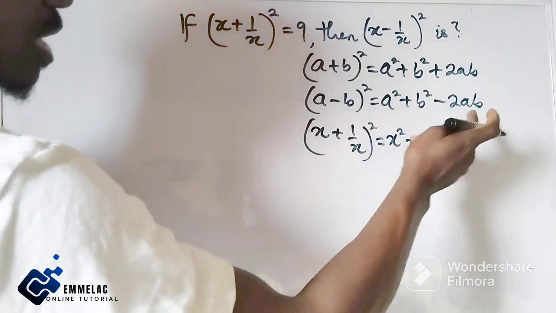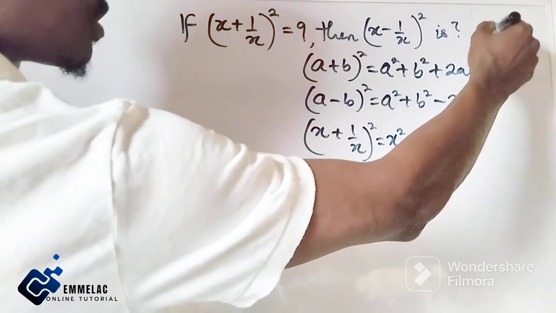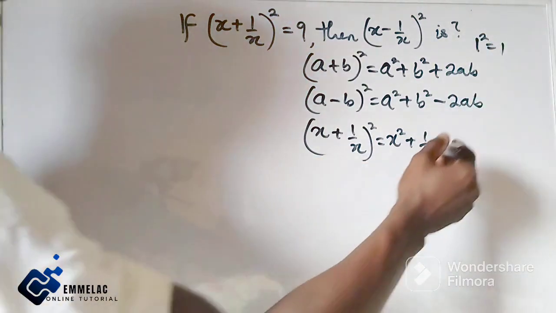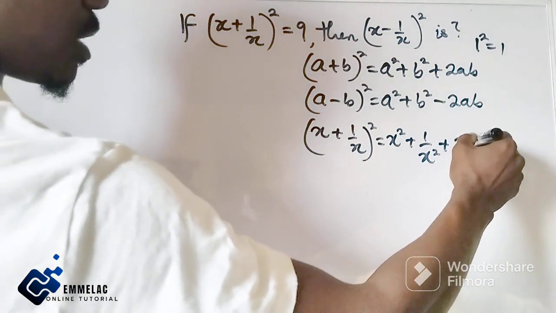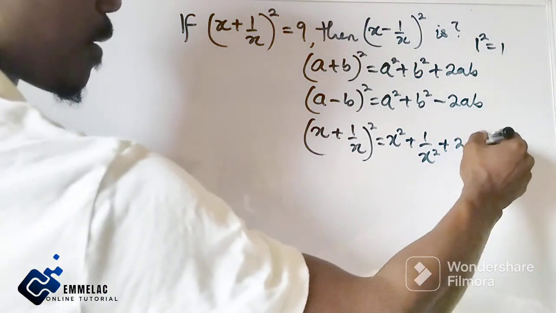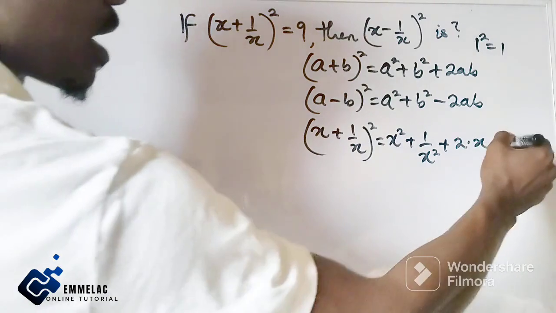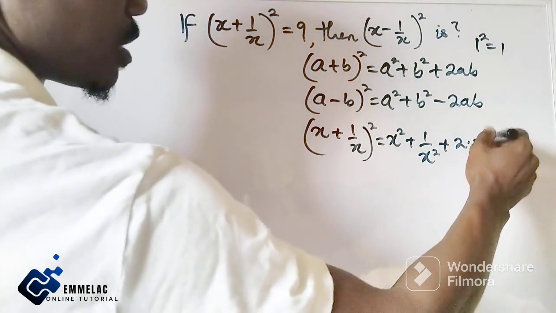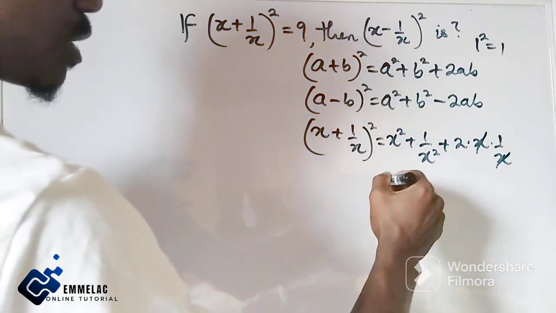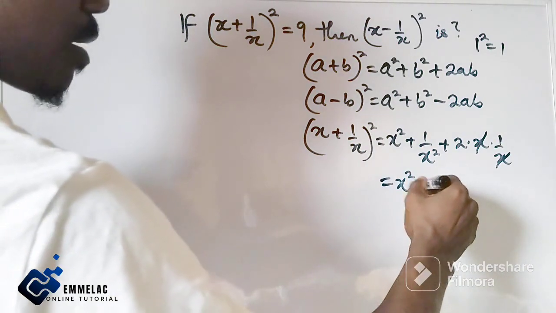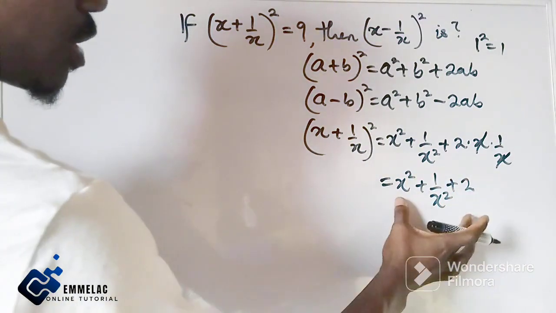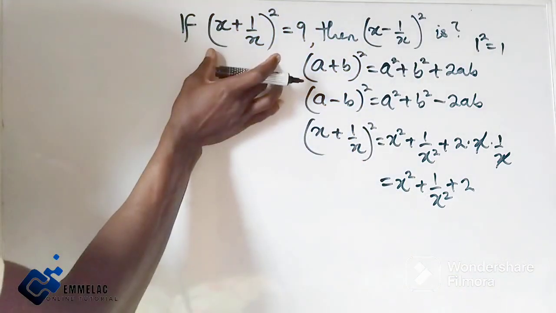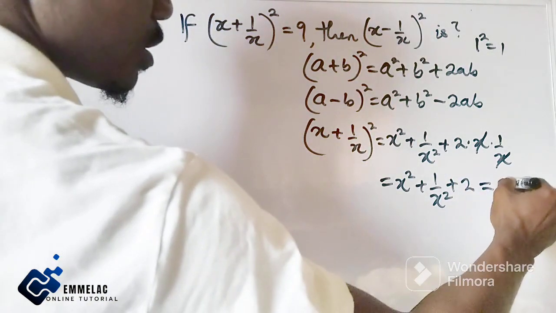Take note that 1 squared equals 1, so plus 2 times x times 1 over x. Now this will cancel out, so we are left with x squared plus 1 over x squared plus 2. Take note the whole of this is this, so equals 9.